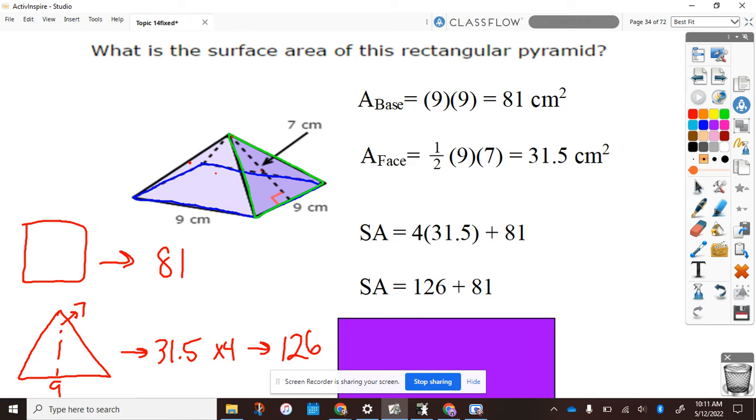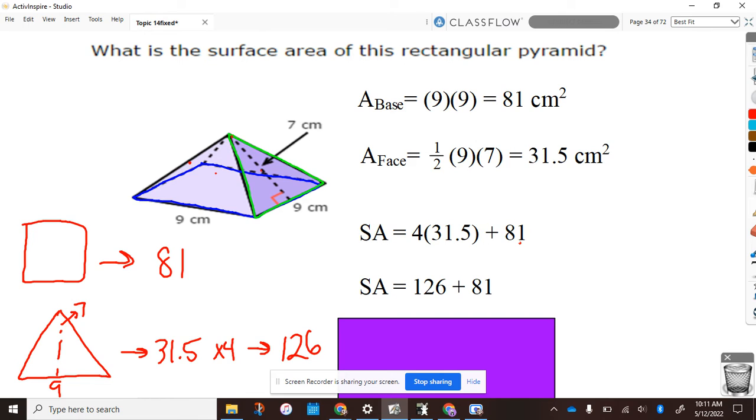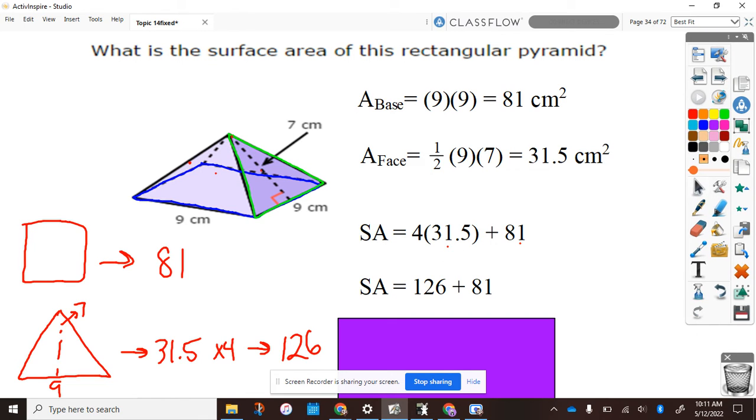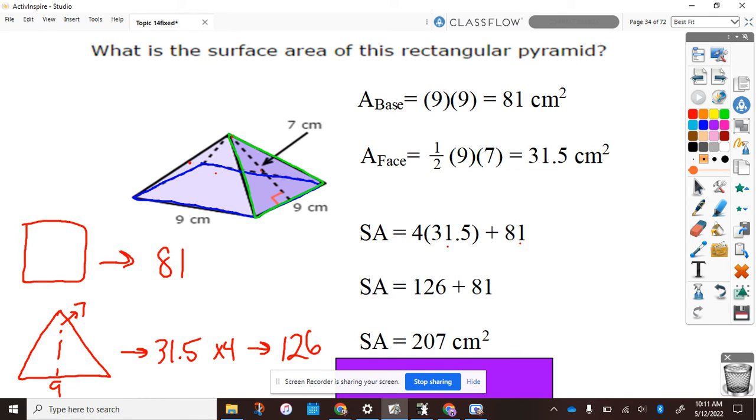Our total surface area is just the area of the base, that 81, plus the area of all 4 of those triangles. There's 4 of them, and they're all 31.5. So our total surface area is that right there.